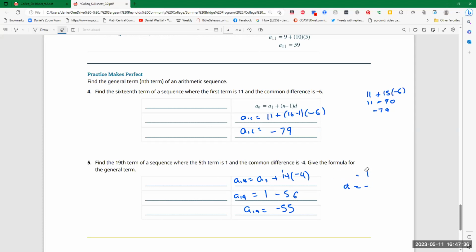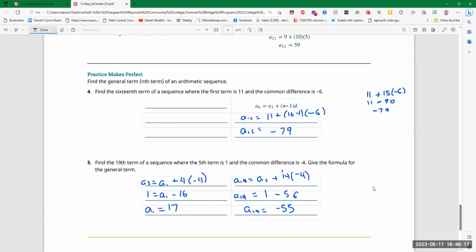So over here on the left, let's go ahead and check it that way, see if we get the same answer. A5 is equal to A1 plus n minus 1, which is 4, times our D, which is -4. Then we have 1 is equal to A1 minus 16. So A1 is equal to 17.